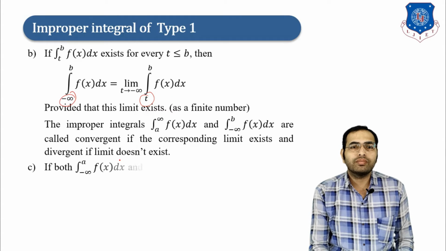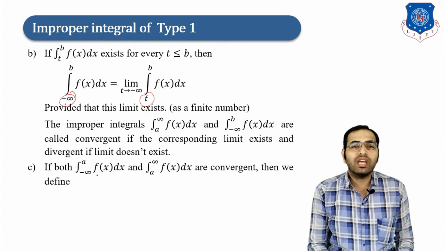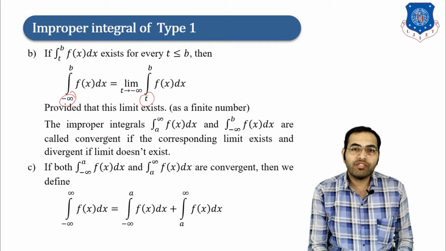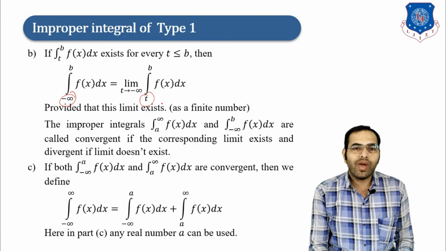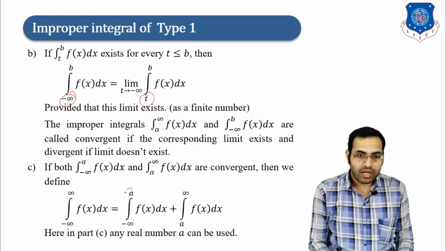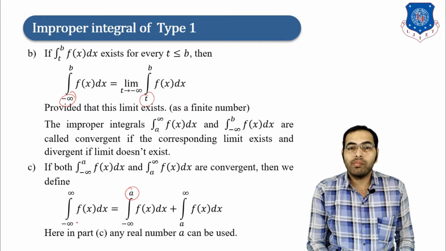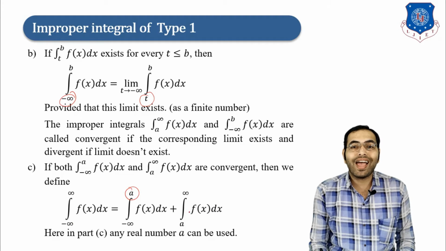In the third case, if both the integrals minus infinity to a f of x dx and a to infinity f of x dx are convergent, then we define minus infinity to infinity f of x dx equal to minus infinity to a f of x dx plus a to infinity f of x dx, where a is a real number. Since both limits are infinite, we cannot solve it directly.